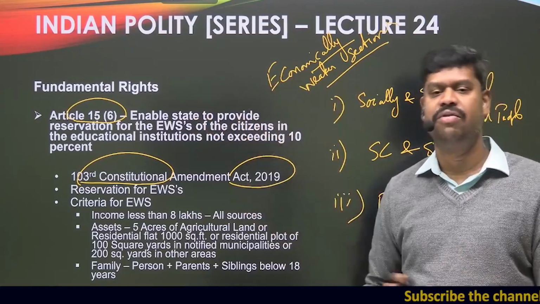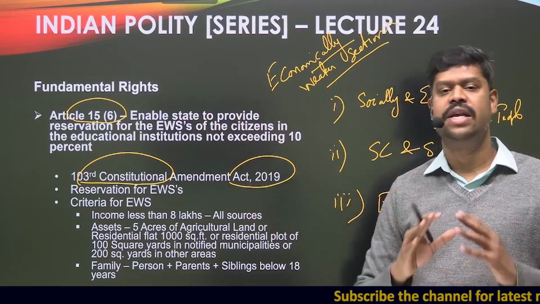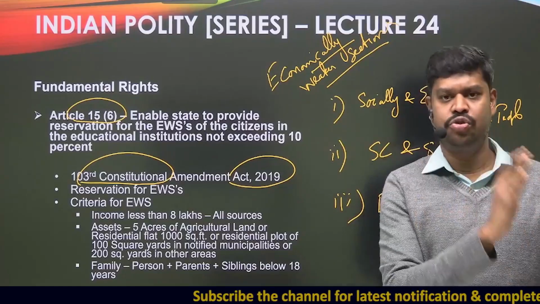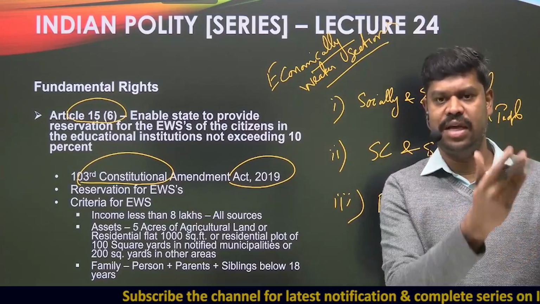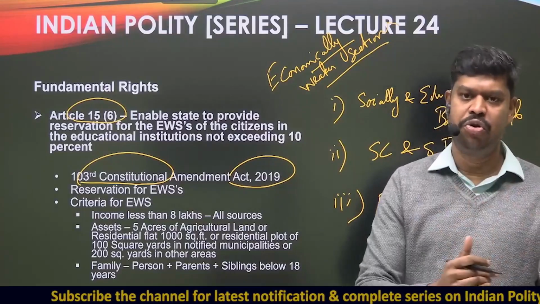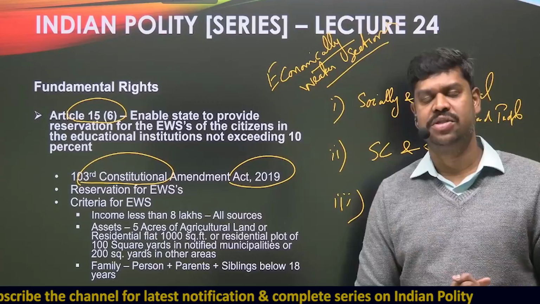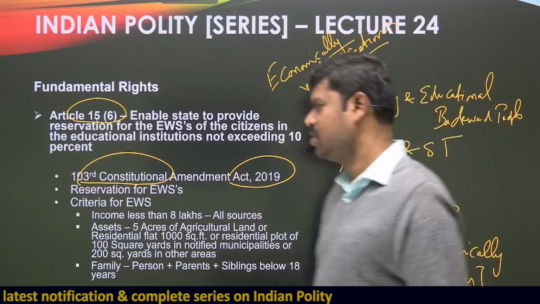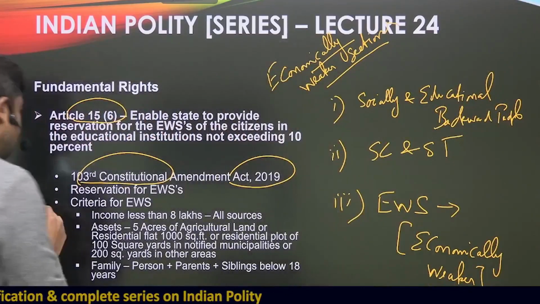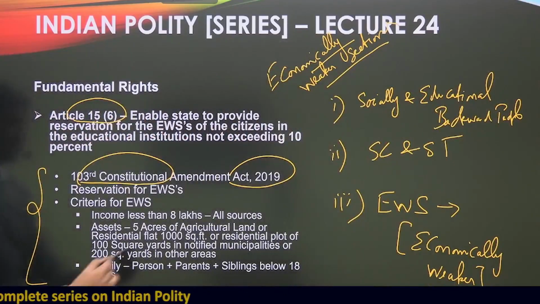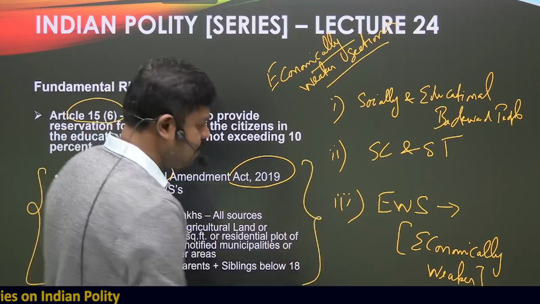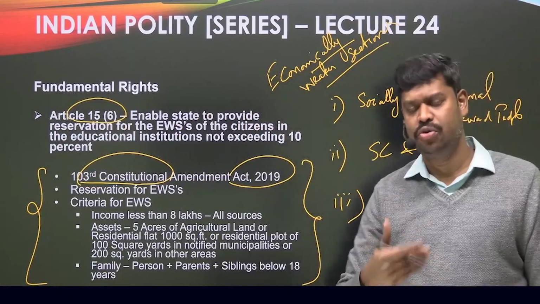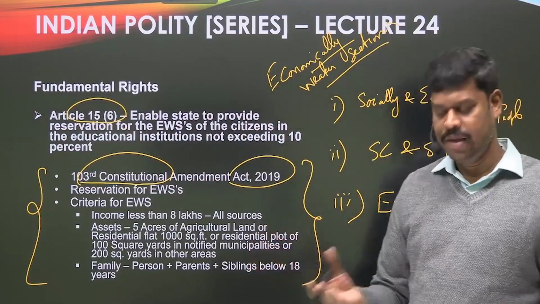By inserting Article 15 Clause 6, today the state can provide reservation in educational institutions, apart from the socially and educationally backward people, that is the other backward classes, the scheduled castes and the scheduled tribes. The economically weaker sections can also get reservation up to 10%. The government also gives certain criteria as to who would be considered an economically weaker section. These criteria may not be very important for your examination, but you can have some knowledge about this also.